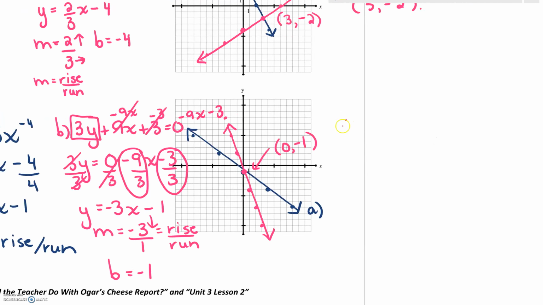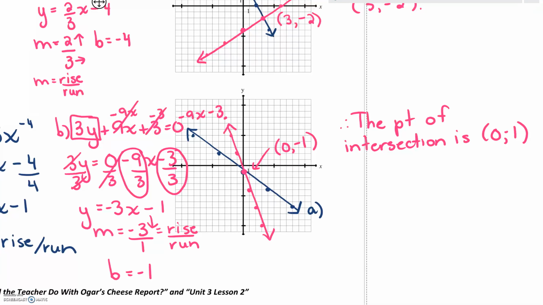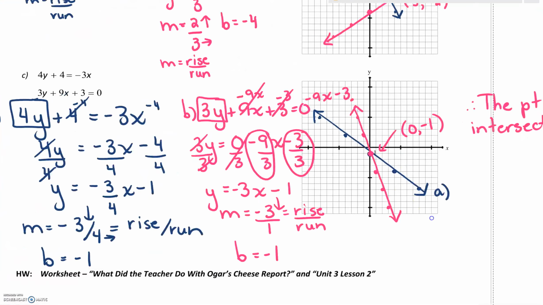And we're just going to write that, therefore, the point of intersection is 0, negative 1. So when you're drawing the y-intercept, you want to make sure that the x value is always 0. We saw that in class. So it's up to you to make sure that you label exactly what the question is asking.